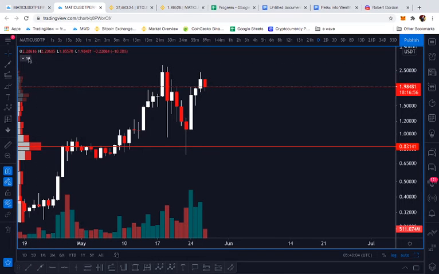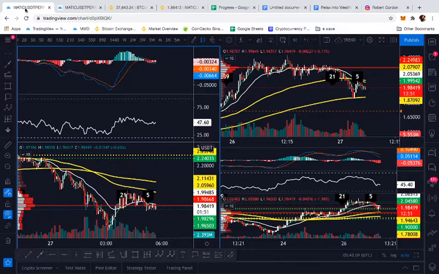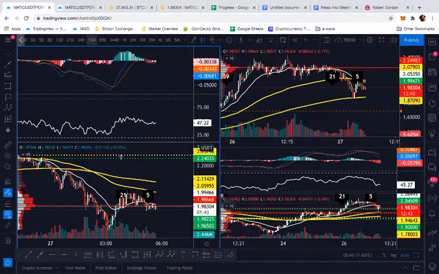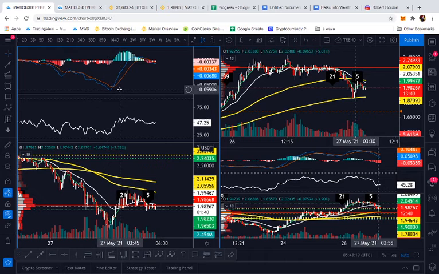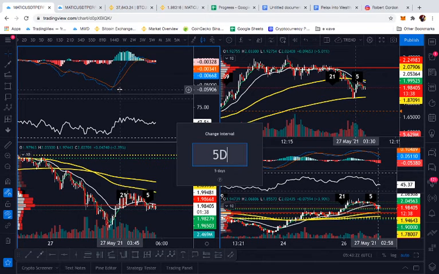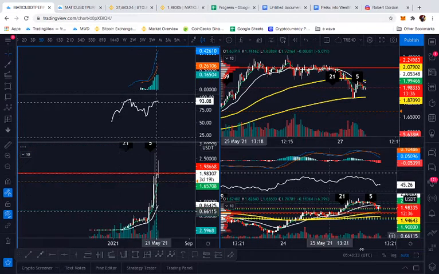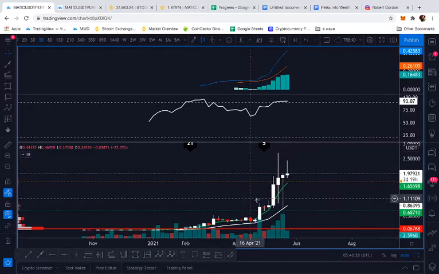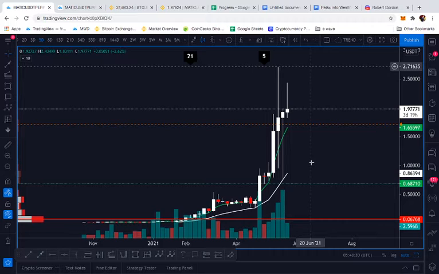But these moving averages are the strategy that I use for my trading, and they're really awesome. They're a little bit hard to get through, but they work very well. For example, if I take a look at the 5-day chart, I'll bring your attention to these when it's relevant.